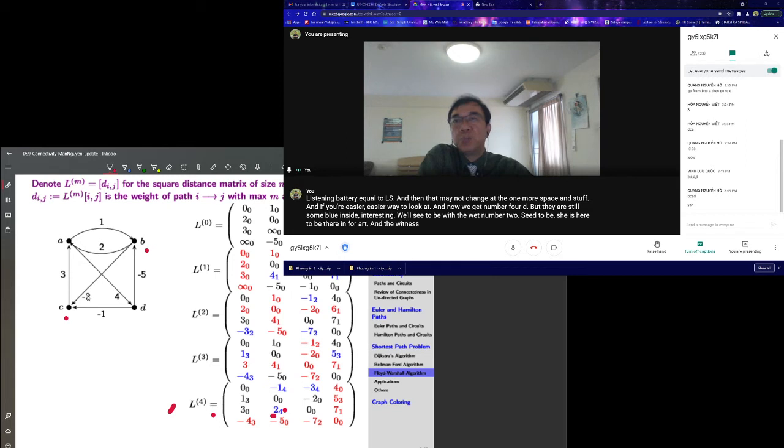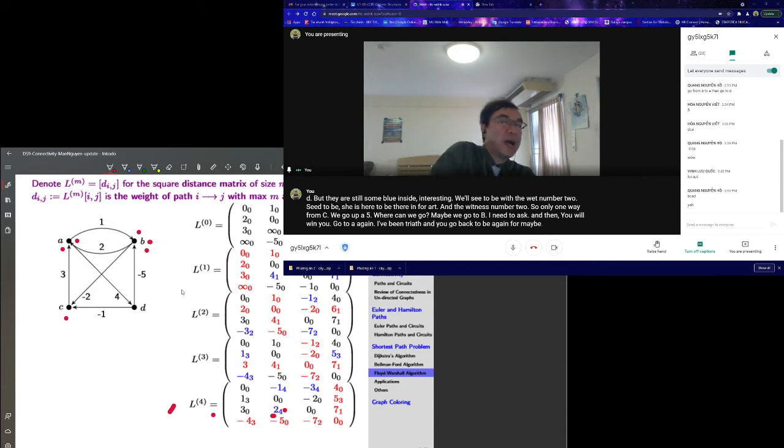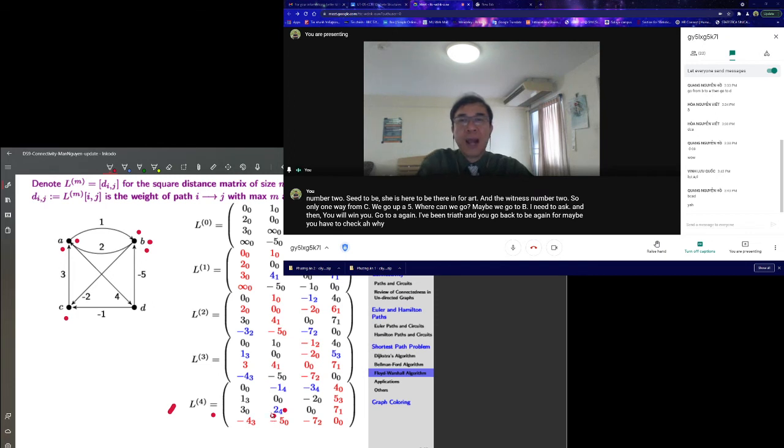So only one way from C: we go up to A, 5. Then where can we go? Maybe we go to B, only 2 arcs. And then you go to A again, that means 3 arcs. And you go back to B again, 4 arcs. Maybe you have to check. Why number 2 in blue here?